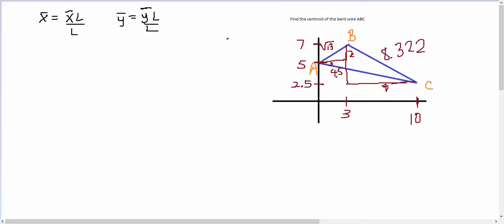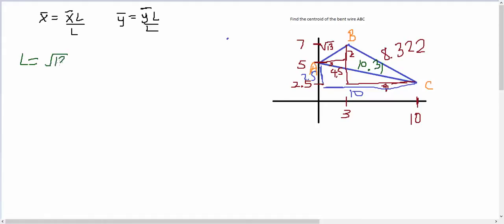For the last one right here, this is a distance of 10 and a height of 2.5. Using the formula again, 10 squared plus 2.5 squared gives us about 10.31. So L will be the sum of all the sides.